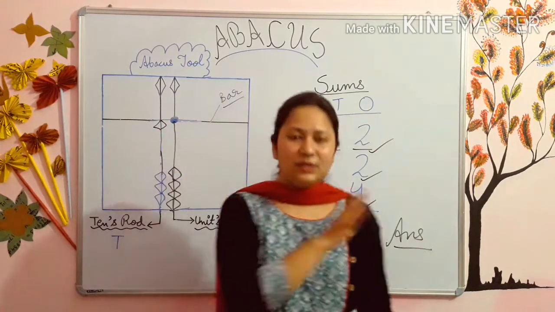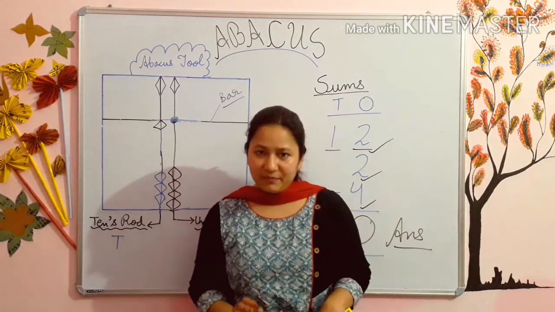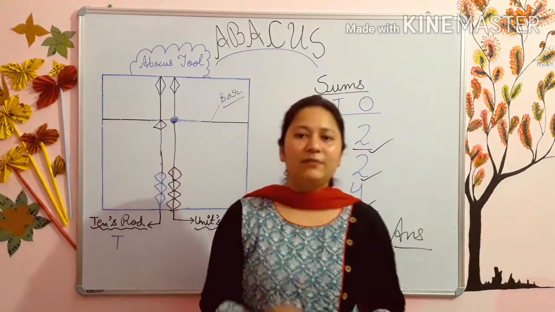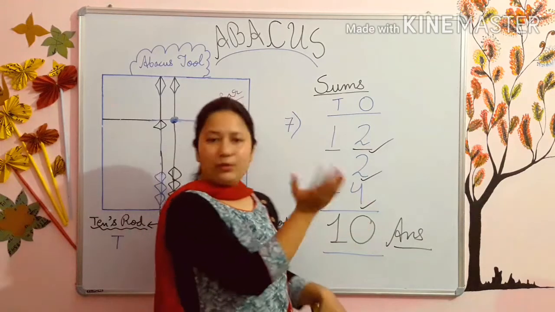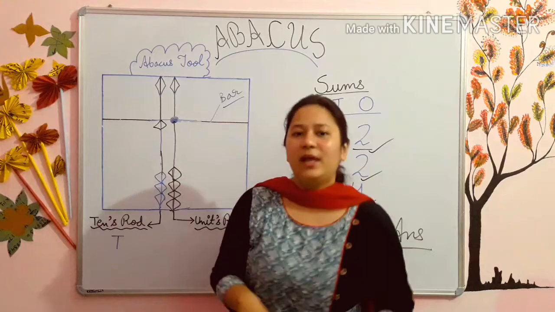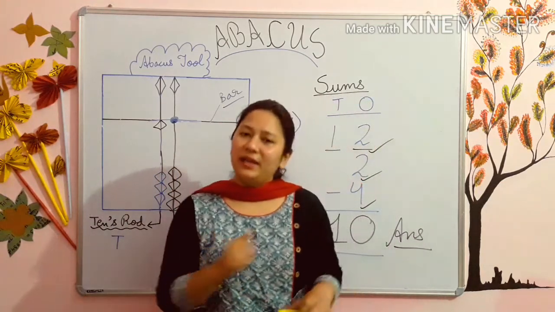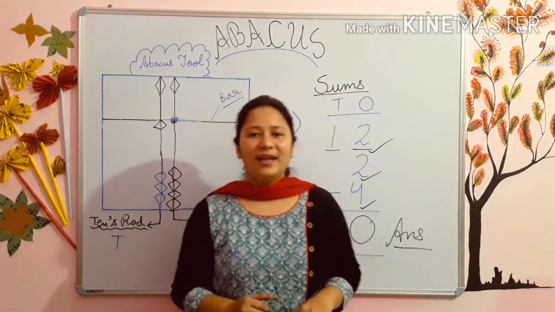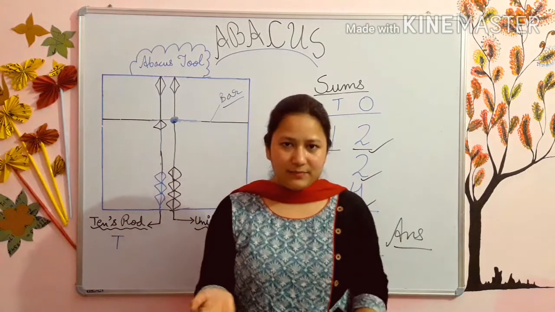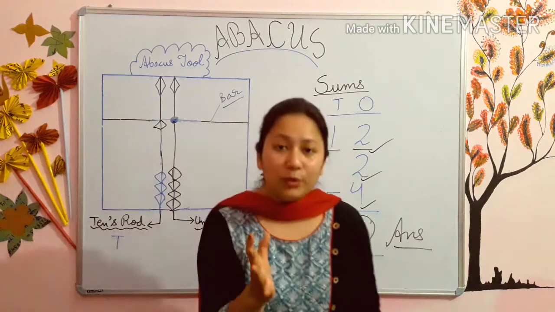Now kids, with this video I have given you one practice PDF. Practice PDF means in that PDF there are sums related to our today's video. Just try to do that sums with the help of abacus tool. I hope kids you like my today's video and just try to do that sums with the help of abacus tool in your abacus notebook.